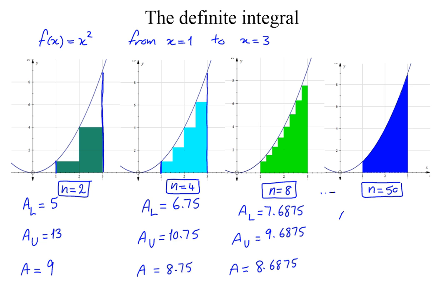In this case here, the area of lower rectangles is 8.5868. The area of upper rectangles is 8.7468, and therefore the average area is 8.6668.